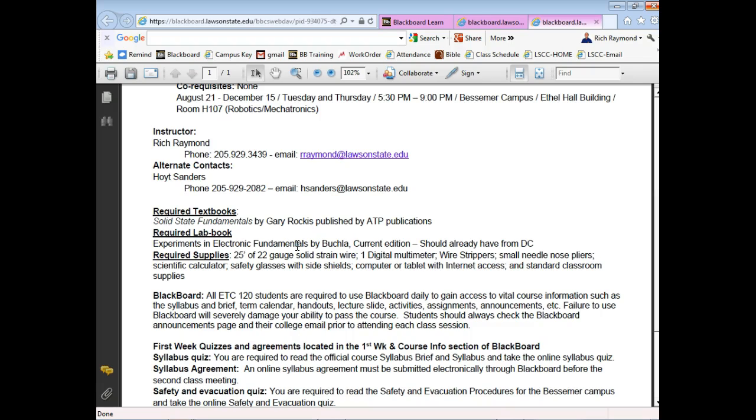The lab book that we use in this class is Experiments in Fundamentals of Electronics. This is the same lab book that you bought for DC, which is pretty neat. You use that lab book in DC, you use it in AC, you use it in solid state.